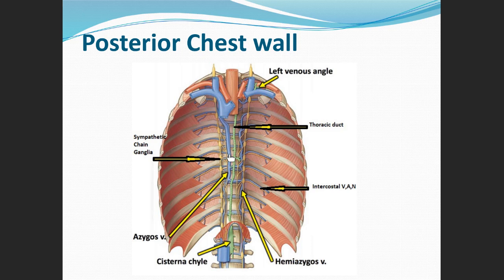On the right side, they drain into the azygos vein. On the left side, those are your intercostals, and they are going to drain into the hemiazygos. It's a smaller one, half of the azygos, and then the hemiazygos drains into the bigger azygos vein on the right side. So it does cross over to the opposite side.